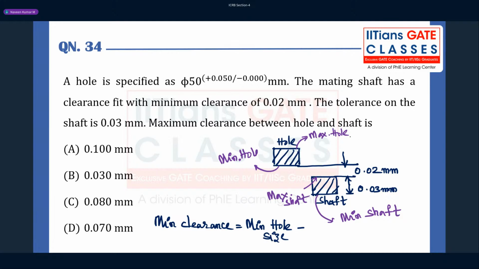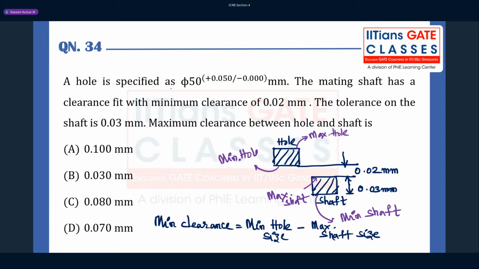These are all sizes: minimum hole size, maximum hole size. So you know the minimum clearance, and you need the minimum hole size.